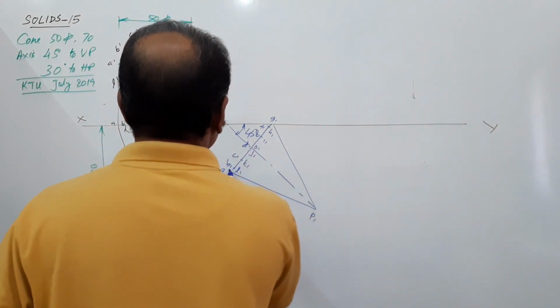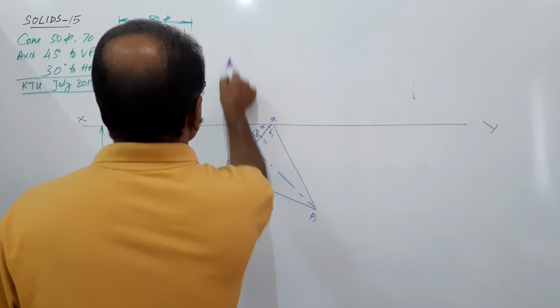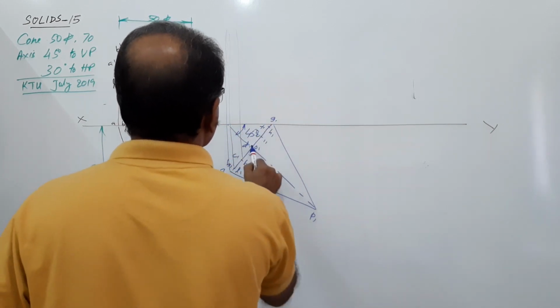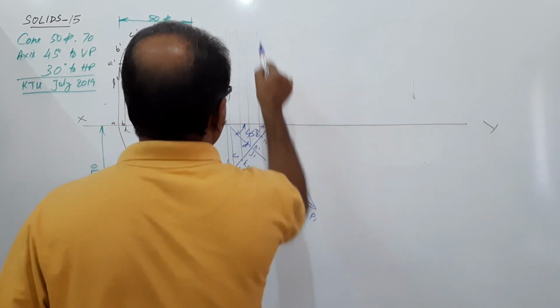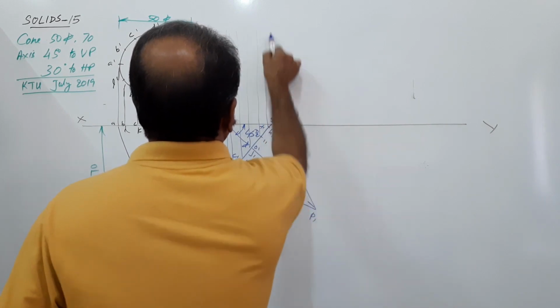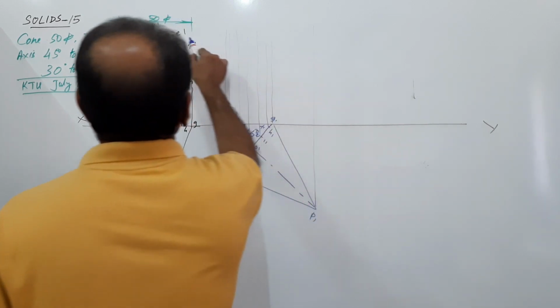Project a new elevation. You know the procedure. Draw vertical projectors up. Draw horizontal projectors from the previous elevation.